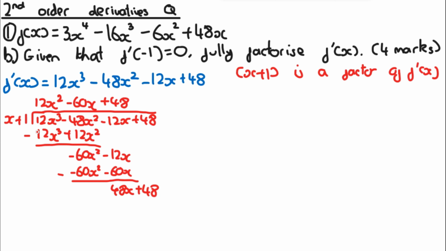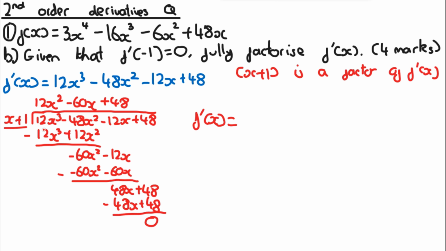Again, we can check our answer by doing this again and minusing 48x, and it'll be plus 48, and this does give a remainder of 0, so therefore we know that we've done it right, and it gives a clean divide. So therefore this is the quadratic which we get.